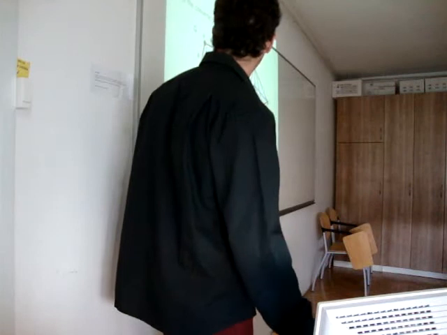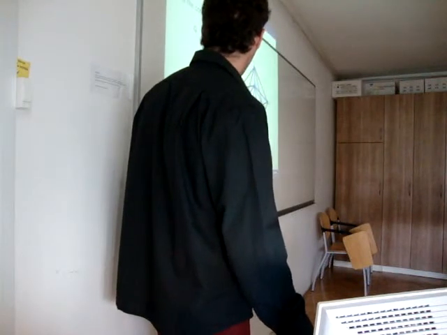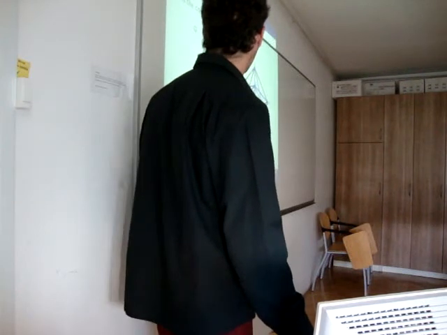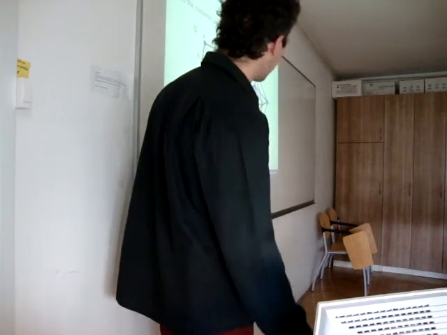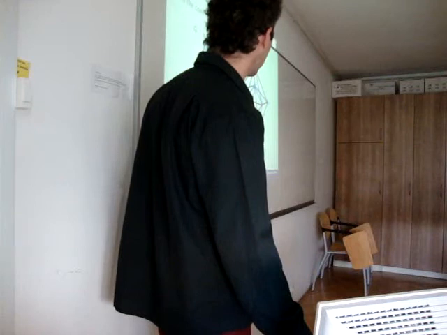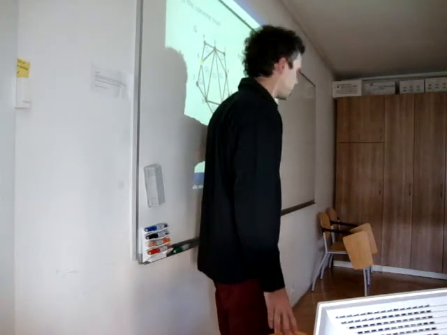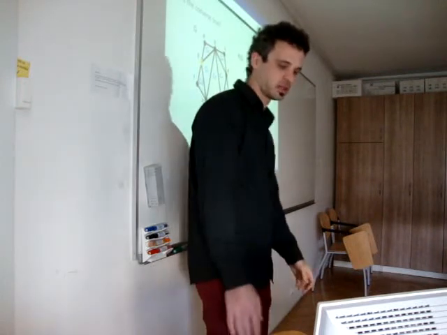But if we consider vertex D, it is in three cliques, C1, C2, C6, and what is induced by those three cliques is not a subtree, because this vertex is disconnected from the others.